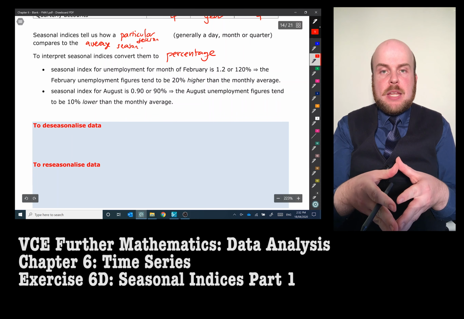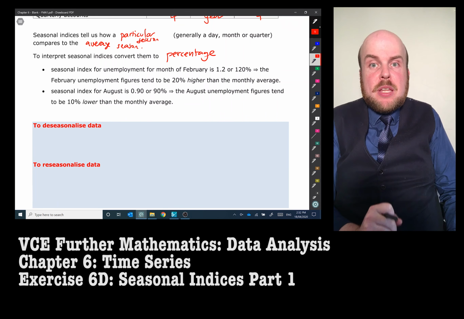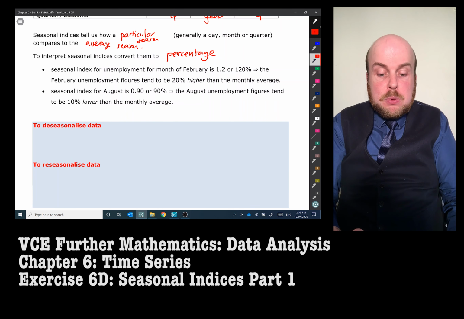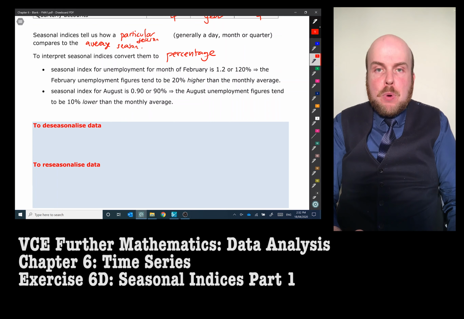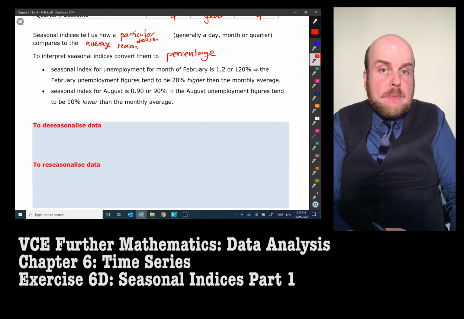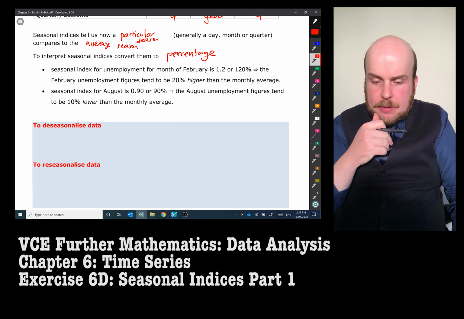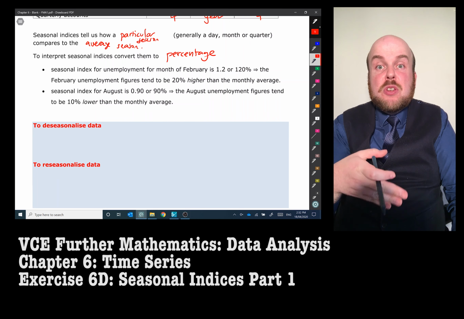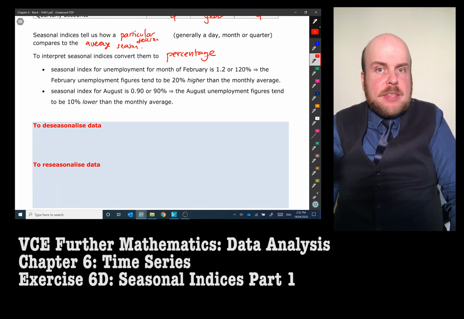Let's look at employment figures, and say the seasonal index for unemployment for February is 1.2. What does that mean? If I turn that into a percentage by multiplying by 100%, it's telling me that it's 20% higher than the average.